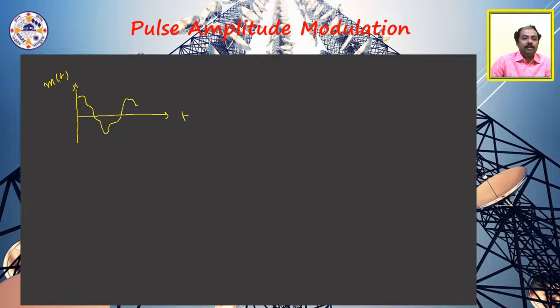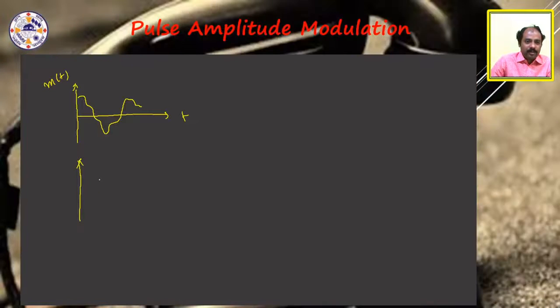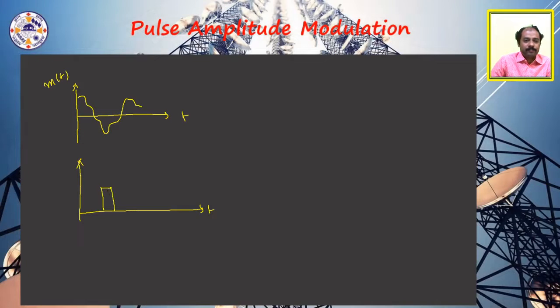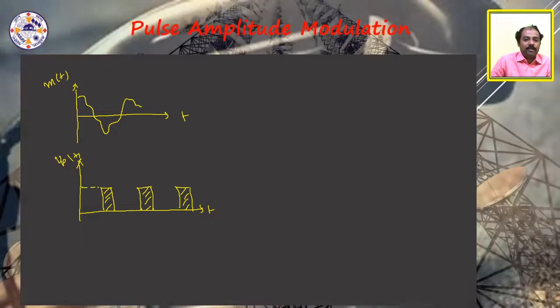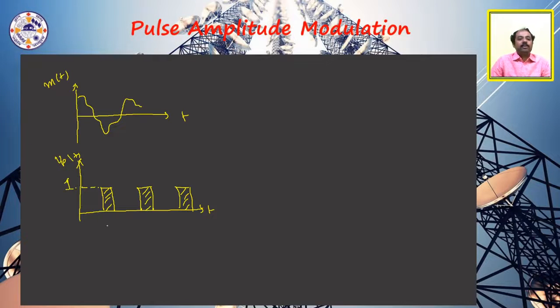Say this is our information signal, and now this is the pulse. So here, instead of considering the strength of the pulse as I, we are considering the strength of the pulse as unity.